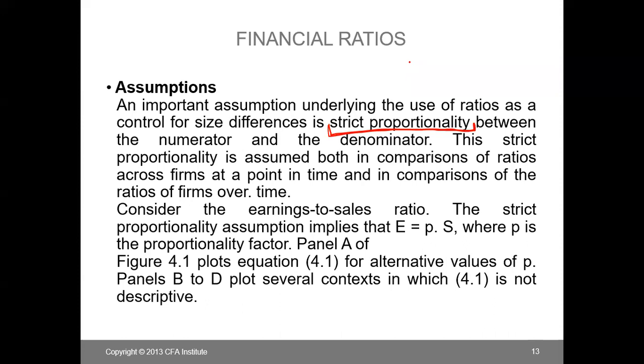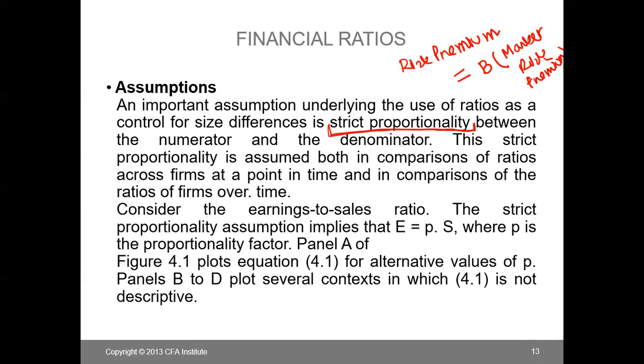What is the capital asset pricing model saying? It says that the risk premium of a security is strictly proportional to the beta, and it is the market risk premium.